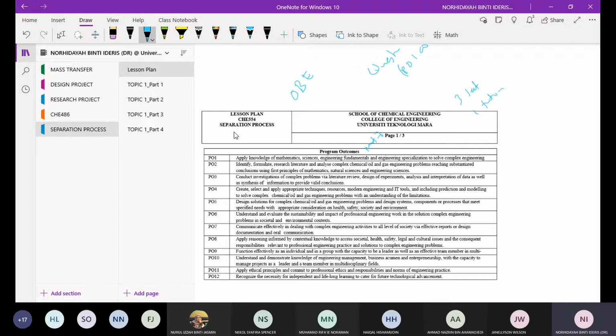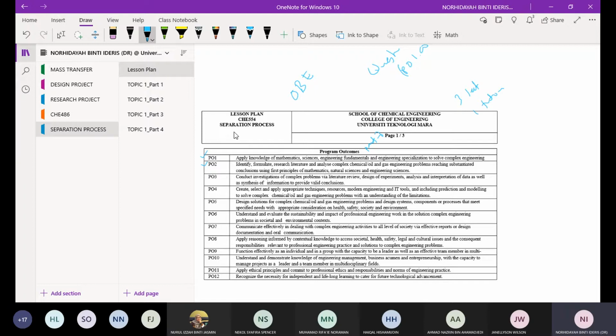So kita tak involve another thing macam plant design, research project, ataupun laboratory work yang melibatkan psychomotor skill and everything. Okay, so for this kind of subject, similar to mass transfer, heat transfer, CPP1, CPP2, usually you will only get involved with the first 2 POs. So PO1, PO2. Tak kisahlah kamu total ada 12, tapi kamu kena familiar with PO1 and PO2.